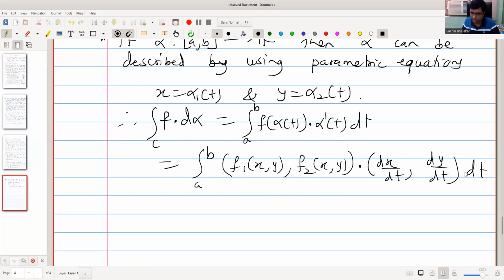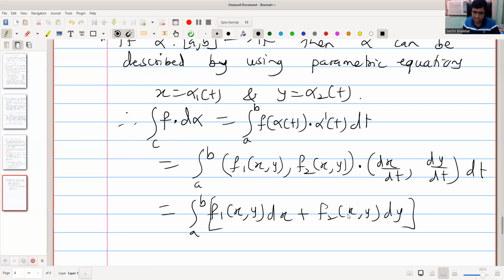So dx by dt will give dx and this will give dy, and so we just have the integral from a to b of f1 of xy multiplied by dx plus f2 of xy multiplied by dy. These are the differentials dx and dy.